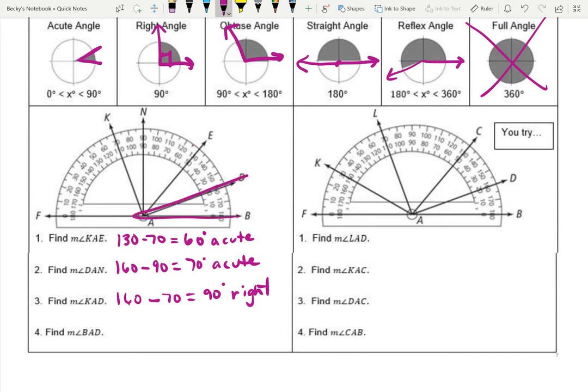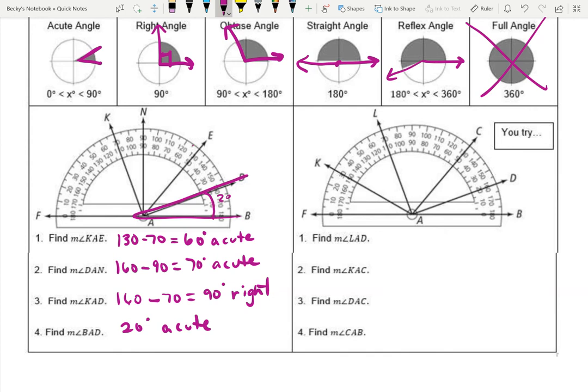So I start at 0, so I don't have to subtract if I want, but I can just go 0 up to 20. So this is 20 degrees, and this again is acute. Okay, so this is a you try. I want you to go ahead and pause the video and try to find these measures. When you come back, I'll go over them.